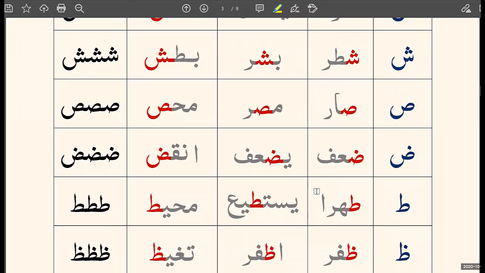In Urdu and Punjabi and other languages, we cannot make a difference between za, zal and this letter. We write them in different letters in our script, but we do not make any difference in pronunciation. But in Arabic, there is a little difference. So it's a dod.